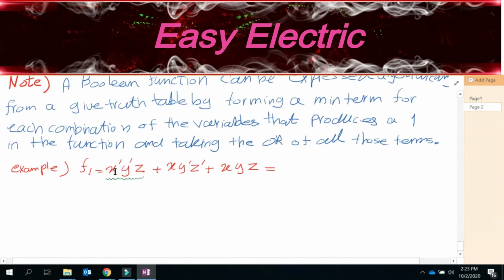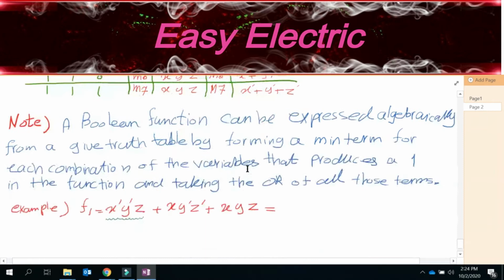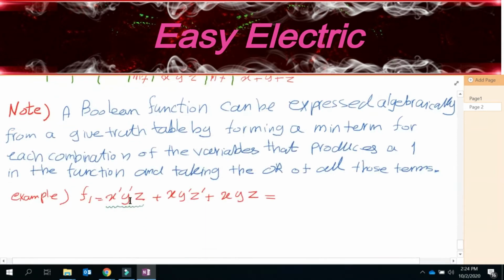Definitely this is a minterm. Why? Because you apply the AND between three variables. If that's a maxterm, it should be in the form of x plus y plus z, not x, y, z. So that's why you see here and you know, okay, this is a minterm. If that's a maxterm, it should be x plus y plus z.